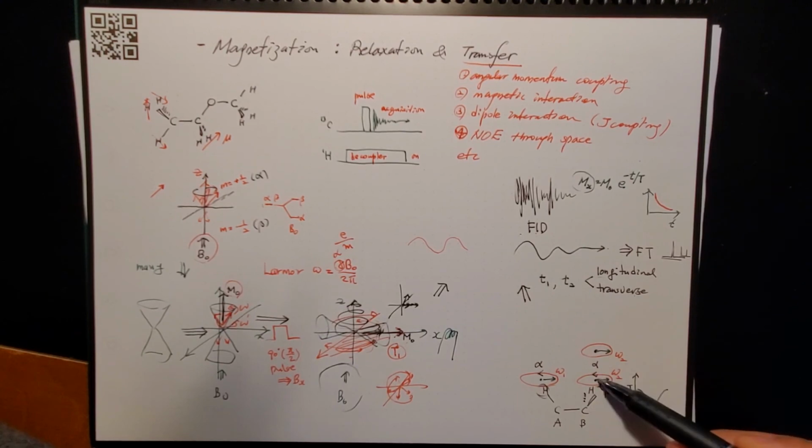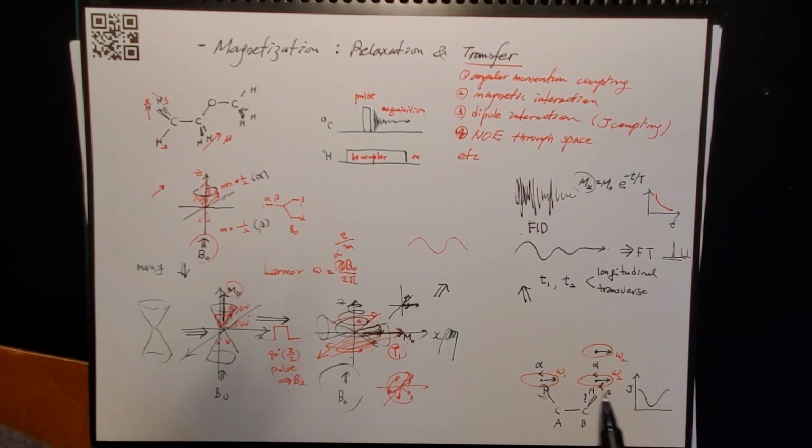Those are the low energy, meaning slower spin, slower frequency and low energy.